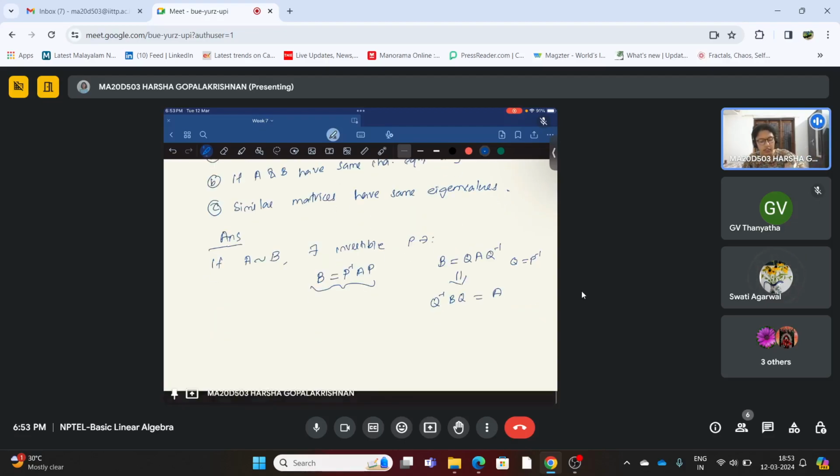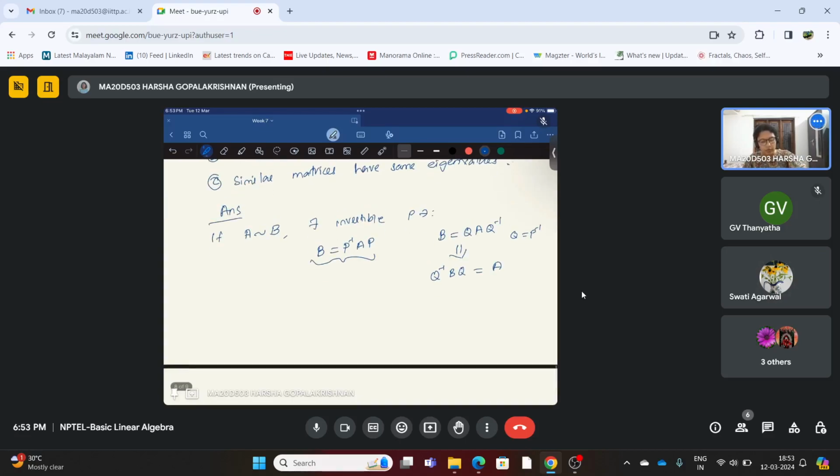That's all, this is the definition. Now, what is the characteristic equation of B? By definition, it is the determinant of B minus lambda I. Now, what should be the next step?